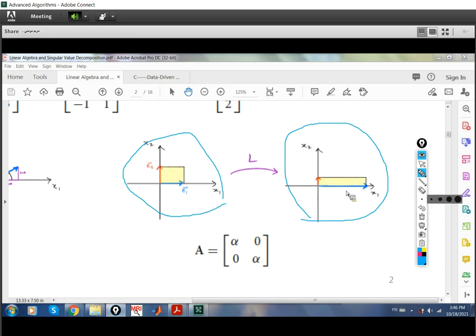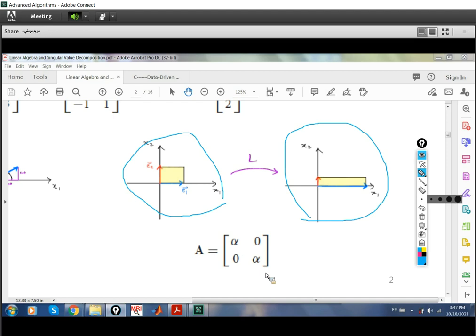One of them is stretched and one of them is compressed. Yes? Okay. Then the matrix here for doing this linear algebra transformation is a matrix like A. A is a diagonal matrix.